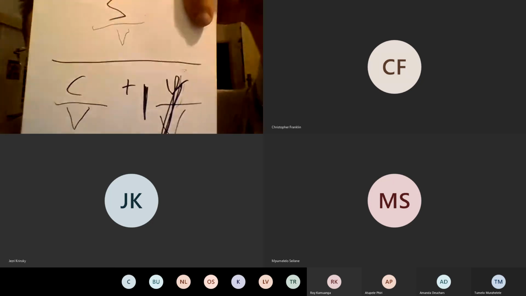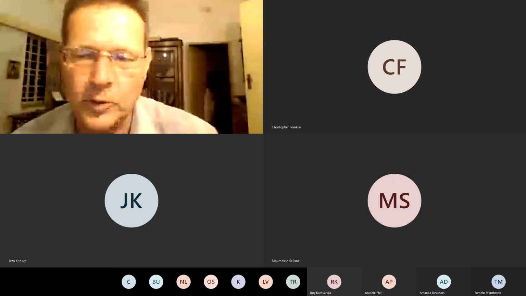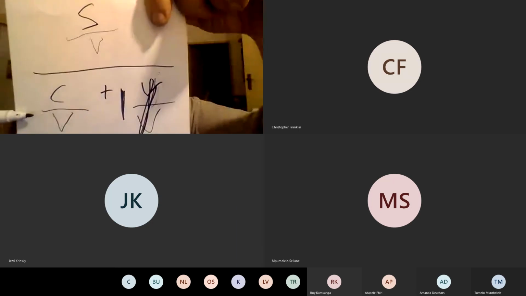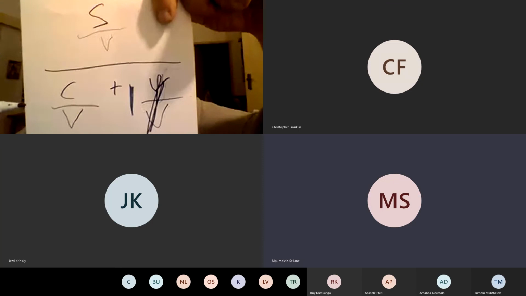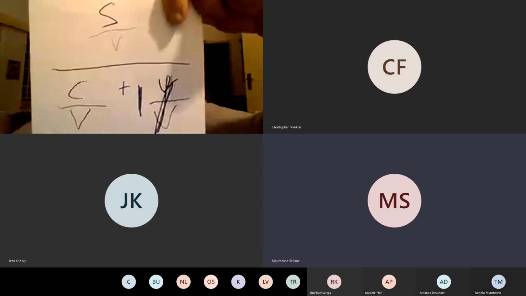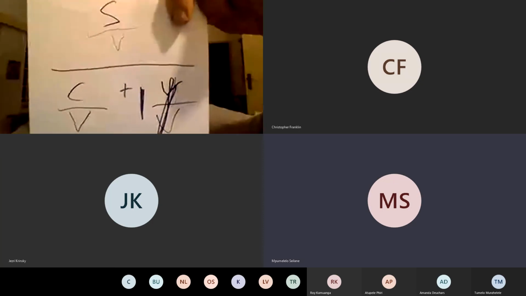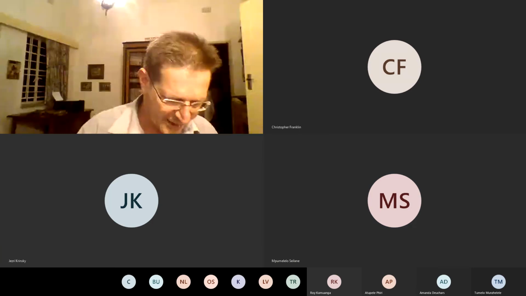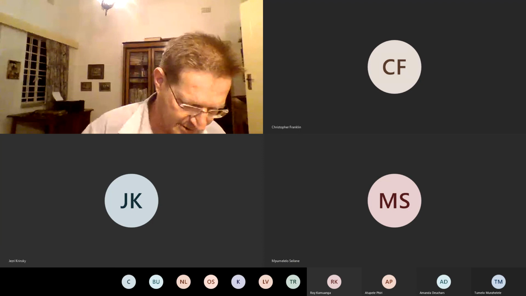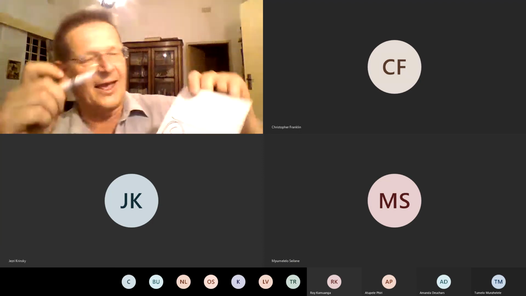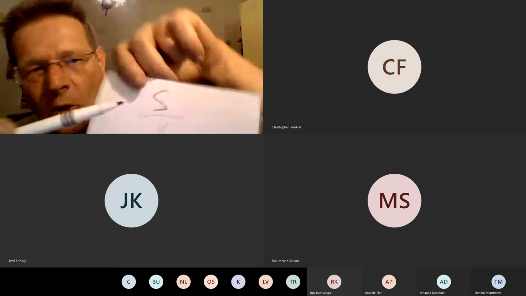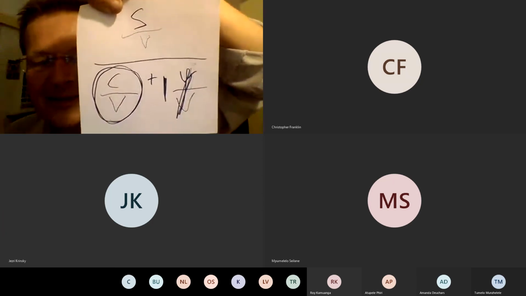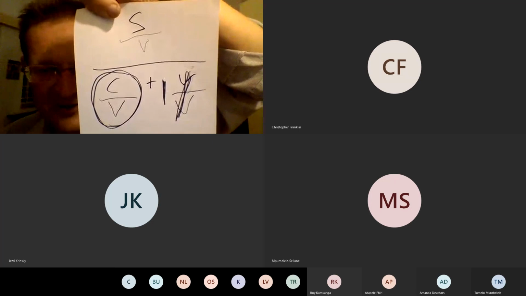But what is C over V? We've already defined it. What is that expression? The organic composition of capital. That's the organic composition of capital. All right. So the whole thing is still a way of representing the rate of profit.